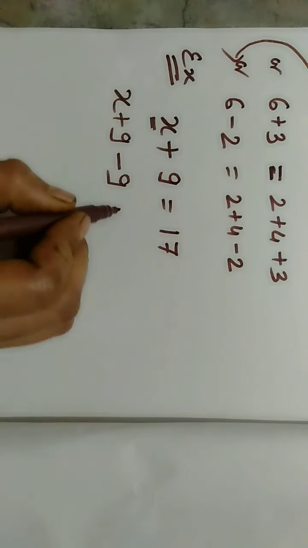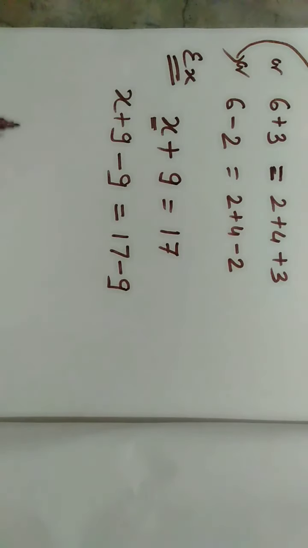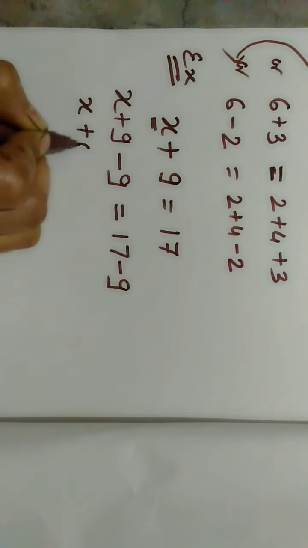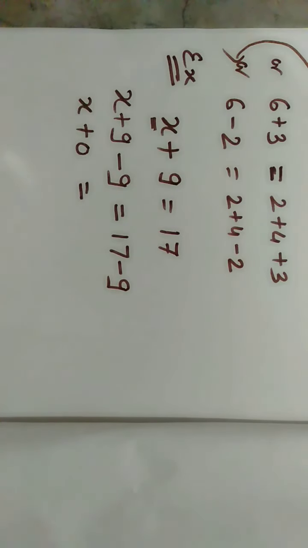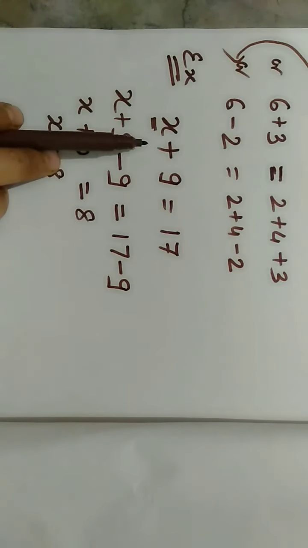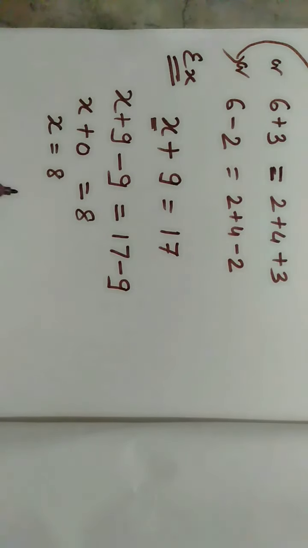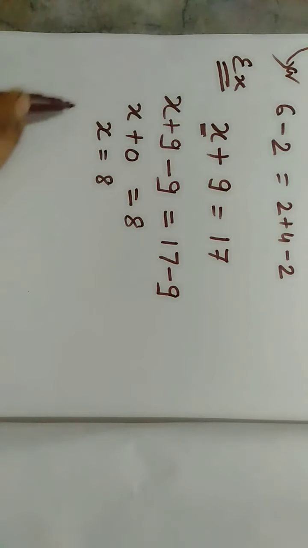Then if we are subtracting 9 here, we have to subtract 9 on this side also, and then this becomes x plus 0 and 17 minus 9. 17 minus 9 is 8. So the value of x is equal to 8. So whatever we are adding or subtracting on the left hand side, the same operation must be operated in the RHS. This is one of the methods.